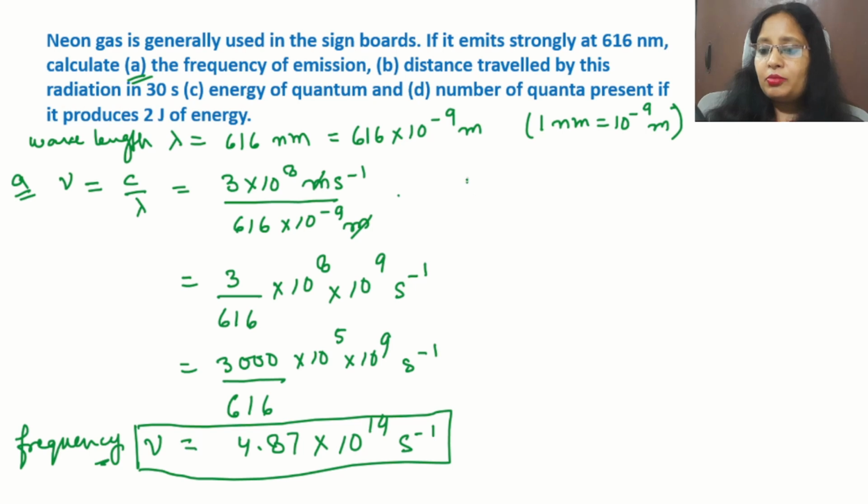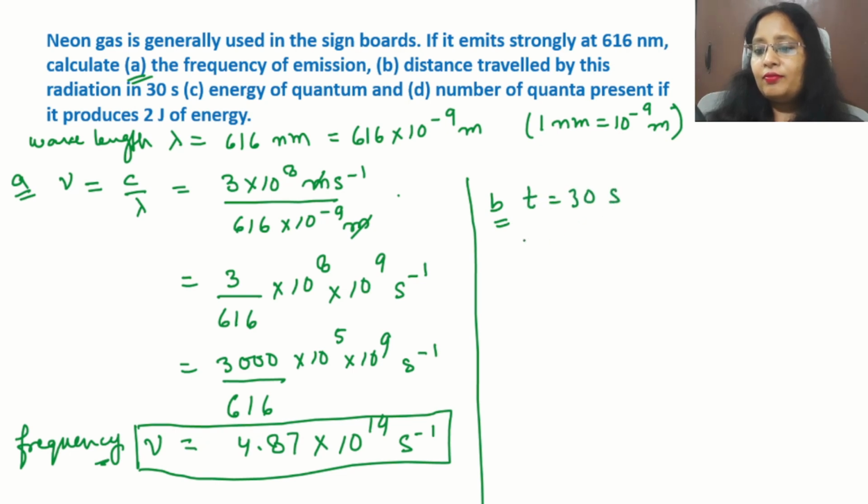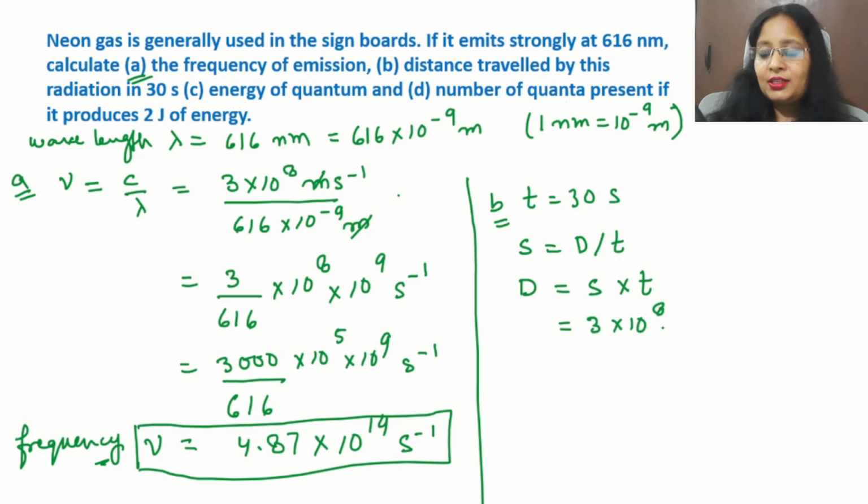Frequency. Now come up to the B. In the B part, they ask the distance traveled by the radiation in 30 seconds. So time they gave is 30 seconds, and we know that speed is equal to distance upon time. From here we can say that distance is equal to speed into time. Now speed is the same, the speed of light, it is 3 into 10 to the power 8 meter per second, into time is 30 seconds.